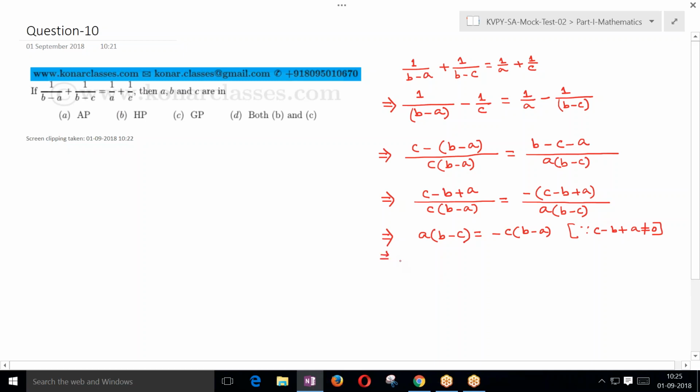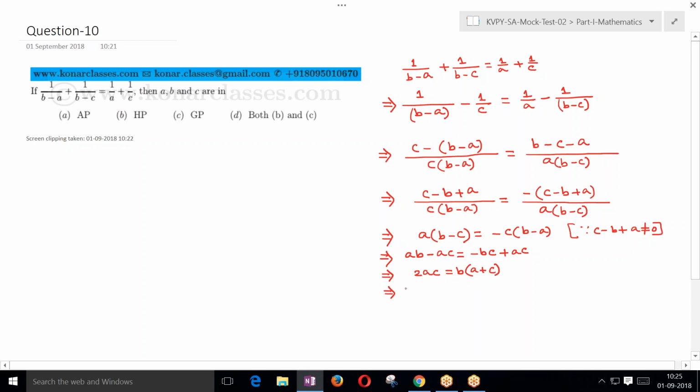Now if we simplify further, we will get ab minus ac. Sorry, let me write properly. Here we get ab minus ac is equal to minus bc plus ac. So from there we can say 2ac is equal to b into a plus c.